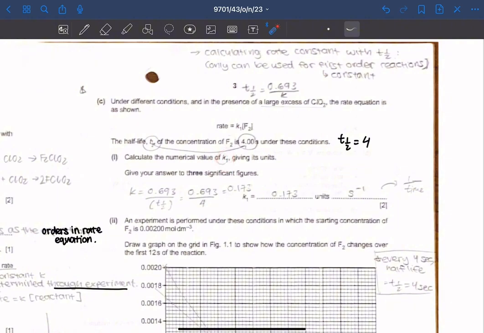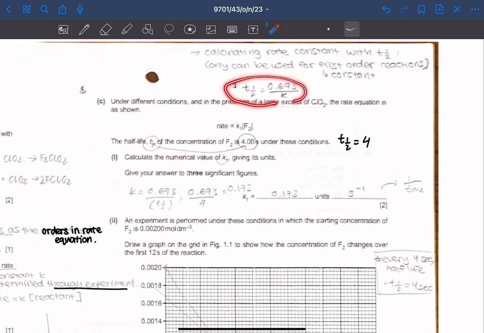So for this question, because we are given the value of the half-life, which is 4, and we are supposed to find k1, there's actually a formula for first order, which is t-half, or the half-life, is equal to 0.693 over k. This is a constant at 0.693. So this equation calculates the rate constant with the half-life and can only be used for first-order reactions, because first-order reactions have a constant half-life.